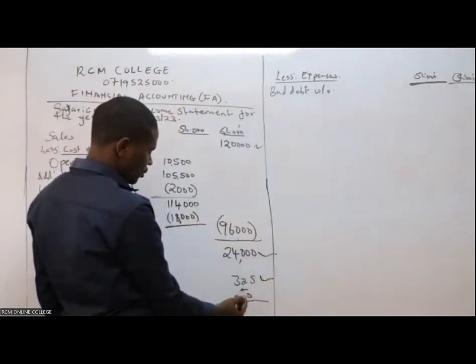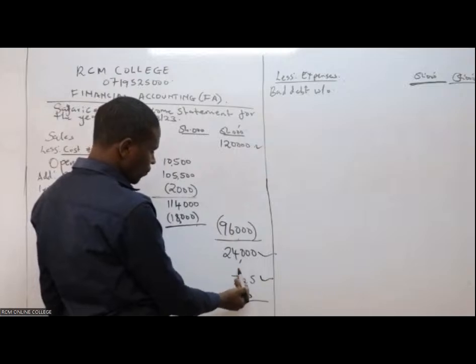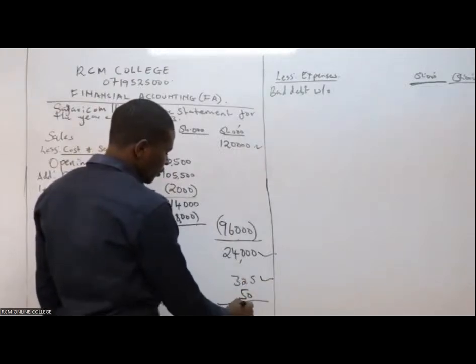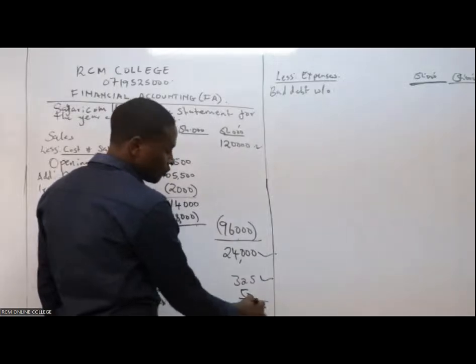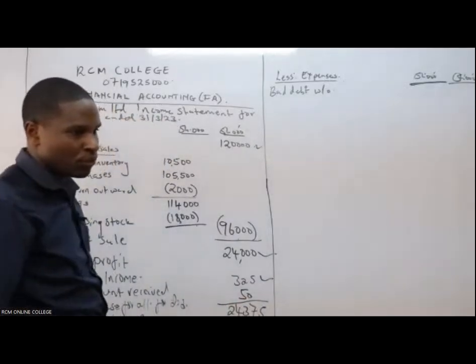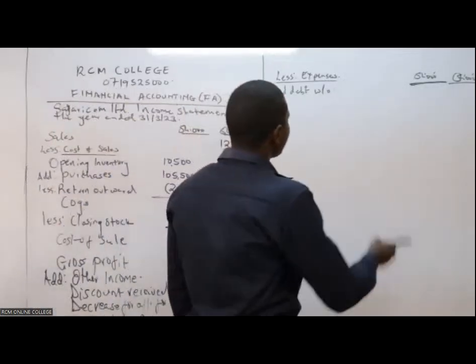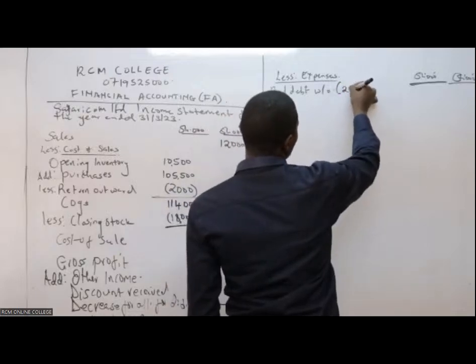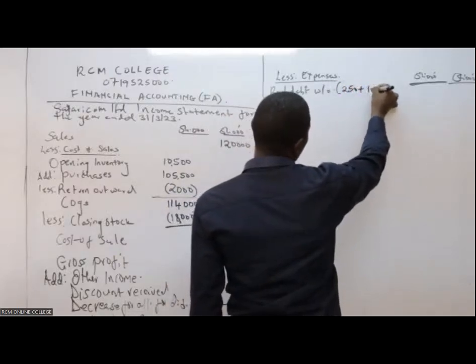It will be 23, 24,375. So bad debt written off, we had the 250 for that month plus what we had.